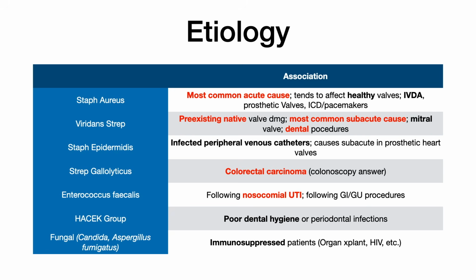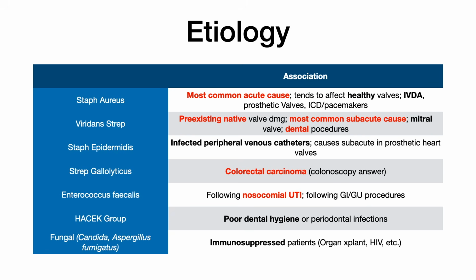If you think, okay, I'm probably dealing with subacute because they described this insidious onset of somewhat mild symptoms, therefore I'm going to guess viridans because I know that epidemiologically, viridans is the most common cause of subacute endocarditis.